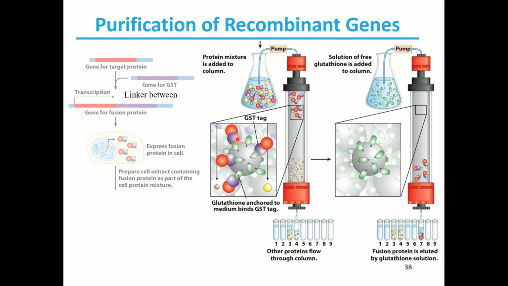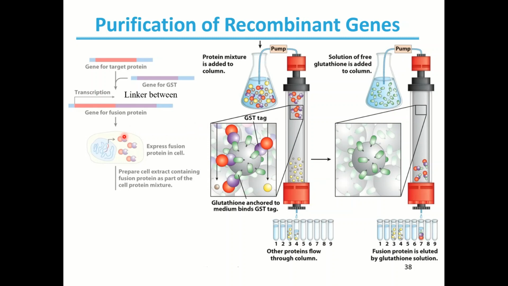Okay, so that's immobilized in your column. That GST protein will bind to the glutathione, and then you can wash out all the other stuff from inside that cell. Then you would pump in a solution of free glutathione that binds to that GST binding protein to remove your protein of interest off the column.